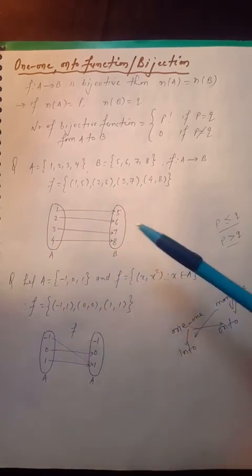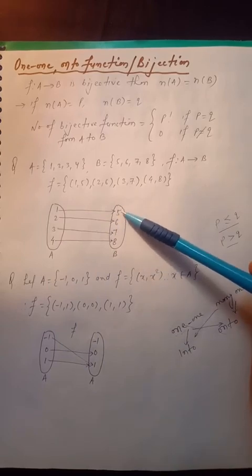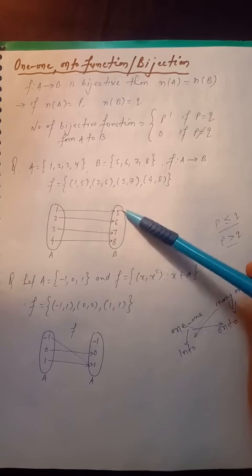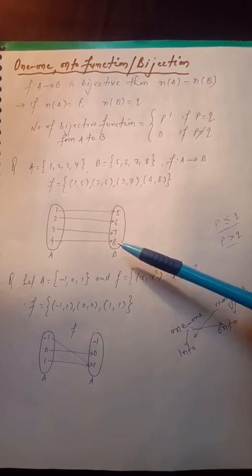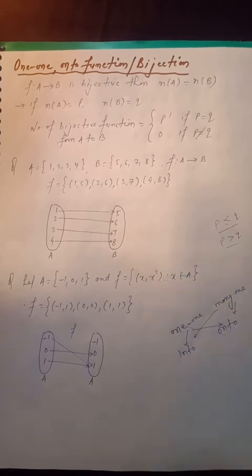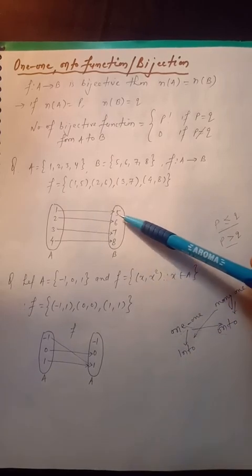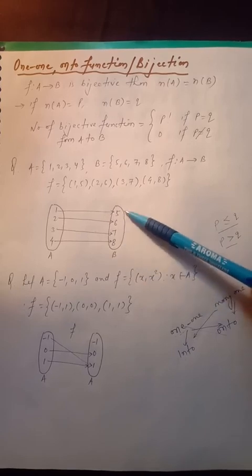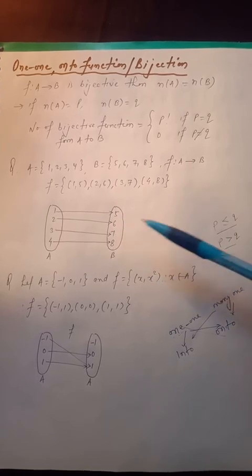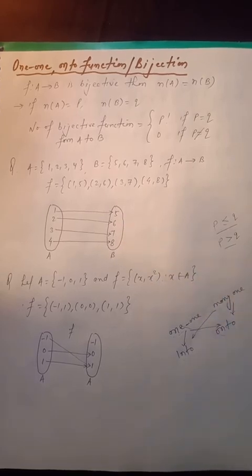Here you can observe there are not two arrows at a single element, so the function is one-one, and for onto no element must be left in set B. Here no element is left, therefore the function is onto, and there are not two arrows, therefore the function is one-one. So that's why this function is an example of one-one onto.